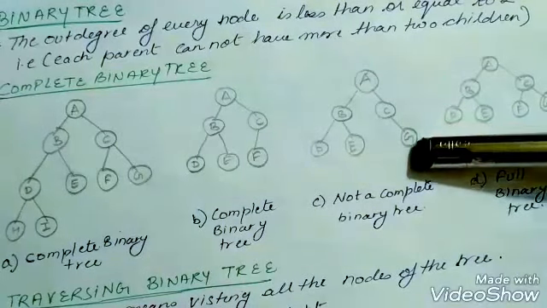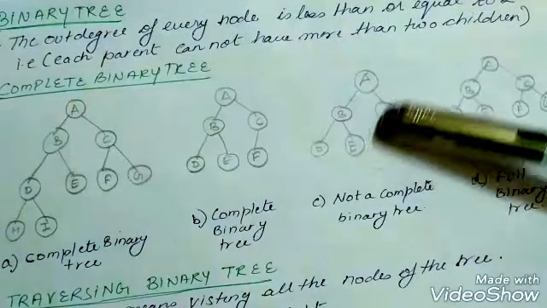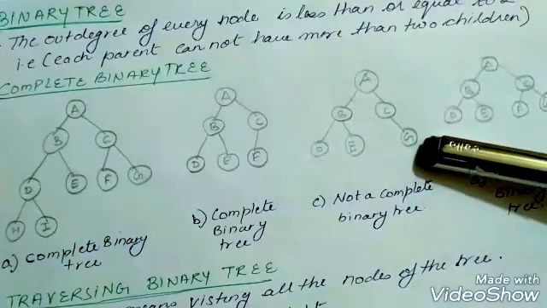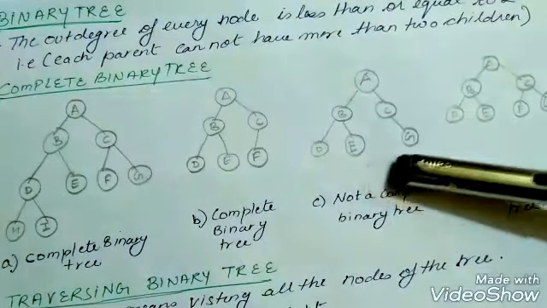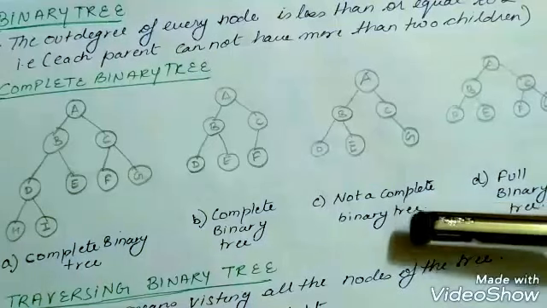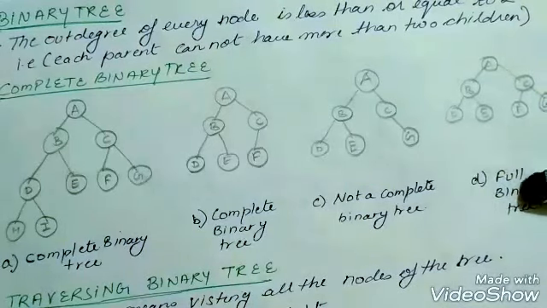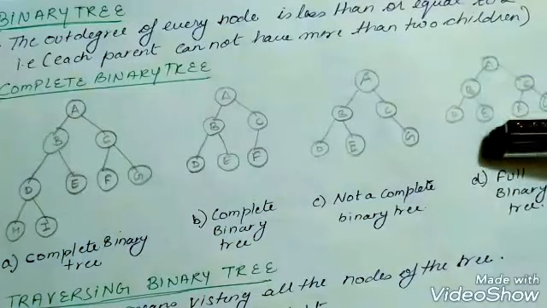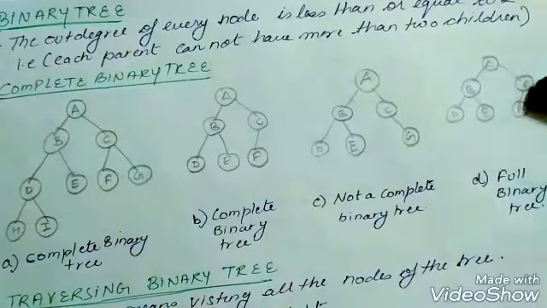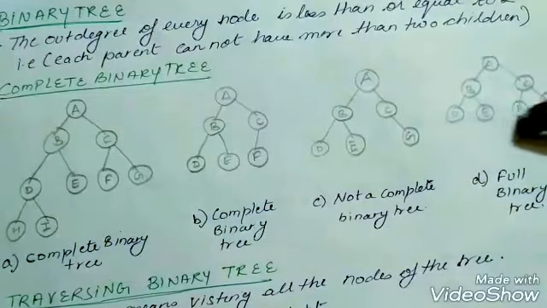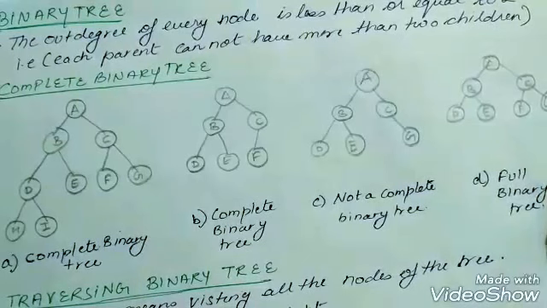But here a left child is missing from C, while we have a right child. So it is not a complete binary tree. It is not a balanced one. And here we can see that this is a full binary tree because every node has its maximum limit of children, like every node has 2 children. Therefore, it makes a full binary tree.